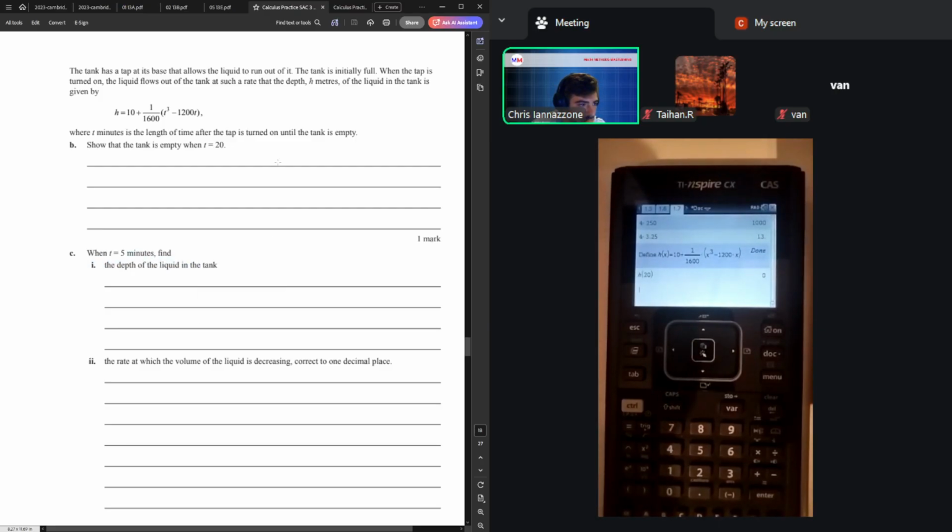But yeah, this is going to be a very similar idea, right? When t equals 5, find the depth of the liquid. What are we going to do there?